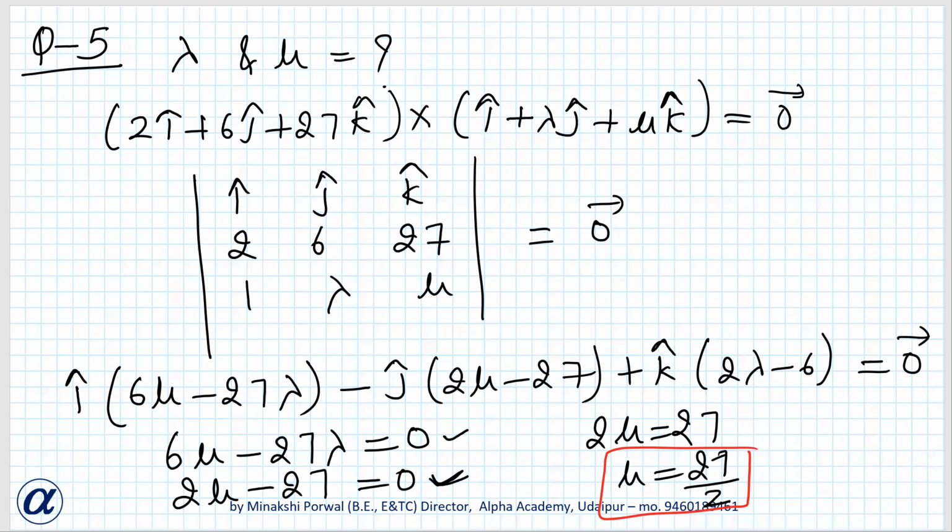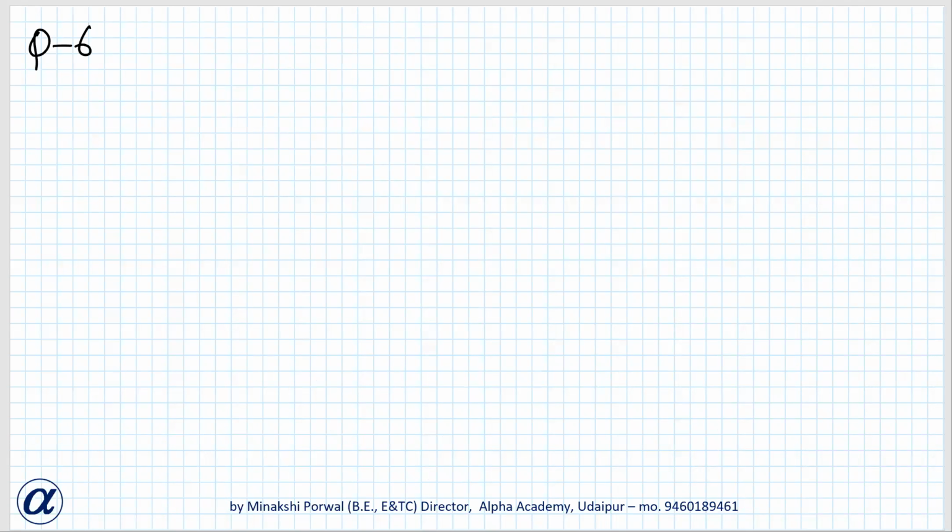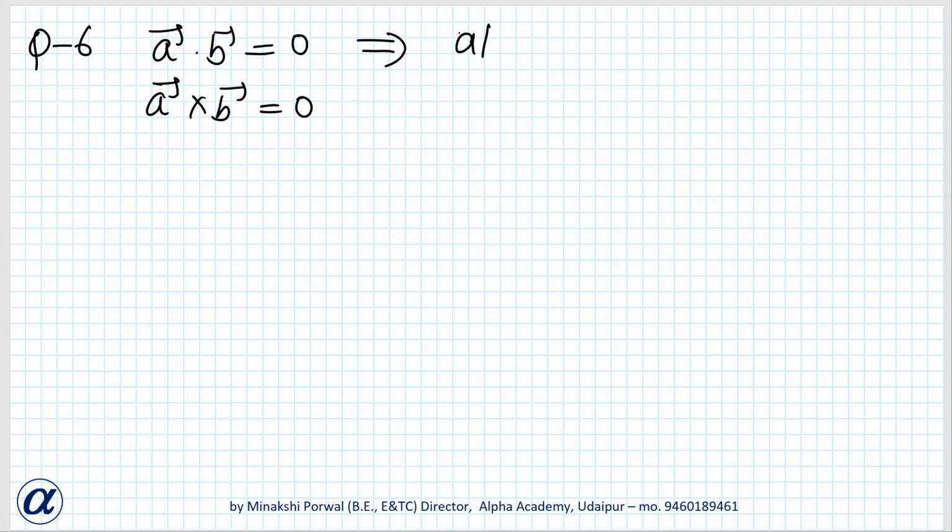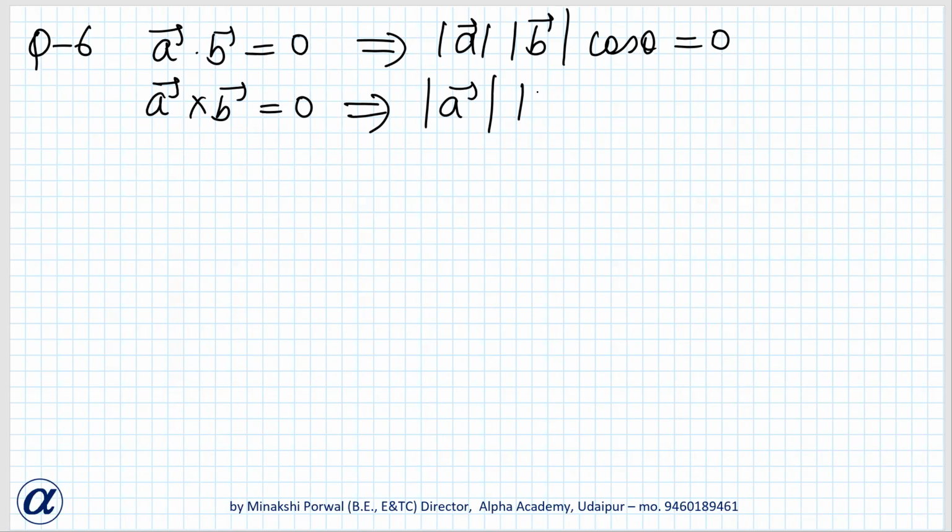Okay. Question 6. Given A · B = 0 and A × B = 0, what can you conclude about the vectors A and B? Now, if A · B is 0, that means mod of A into mod of B cos theta equals 0. A × B is 0, that means mod of A mod of B into sin theta is 0.